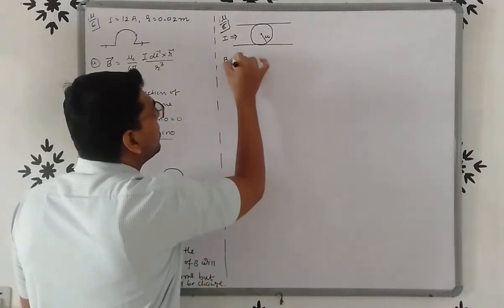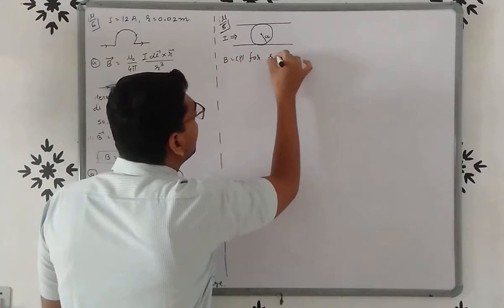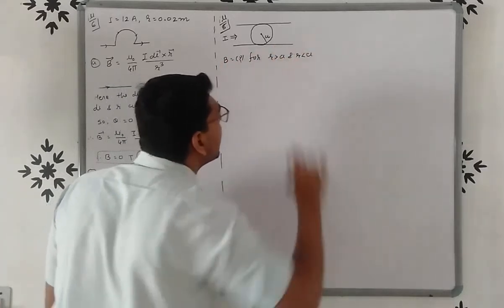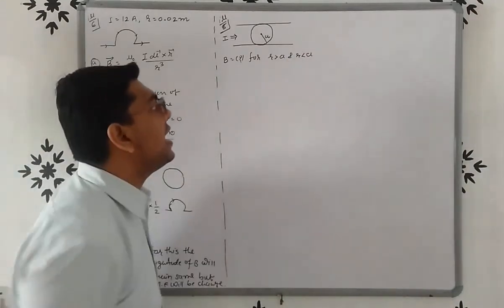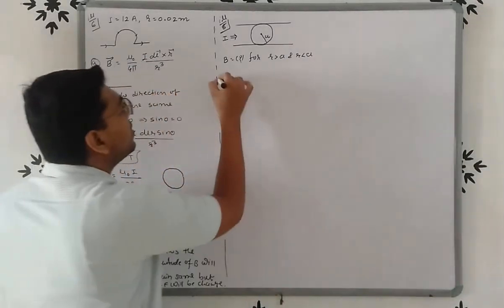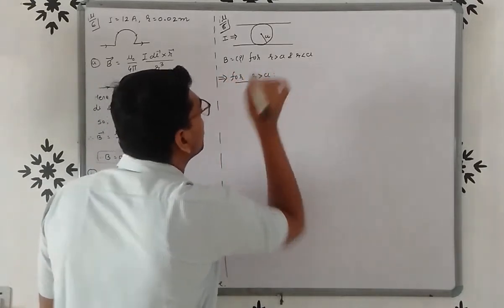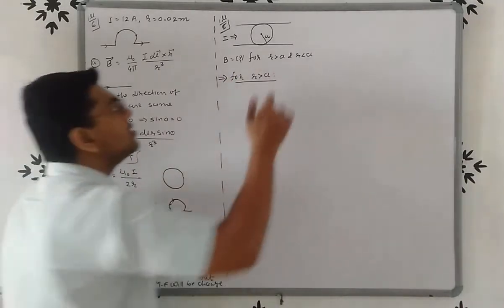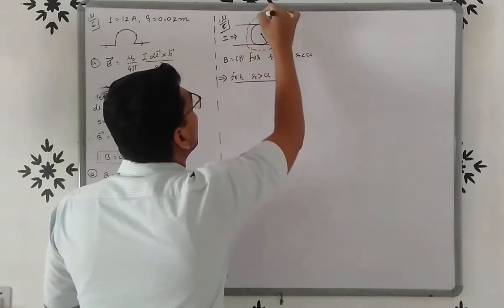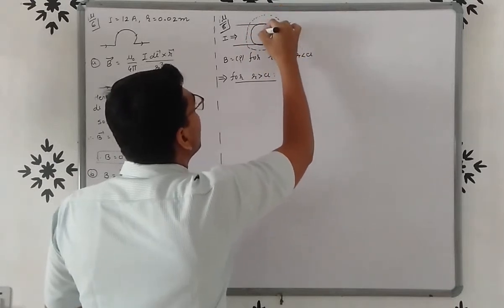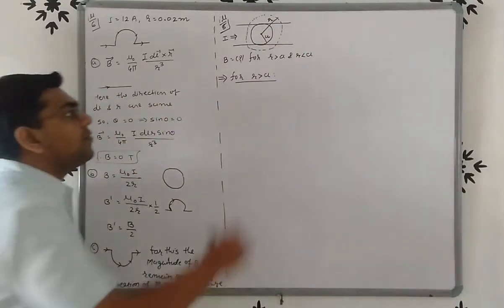So we have to find out the magnetic field for r greater than A and r less than A. First of all, we find out the magnetic field for r greater than A. So if r is greater than A, the cross section will be like this, having radius r greater than A, as shown in the figure.